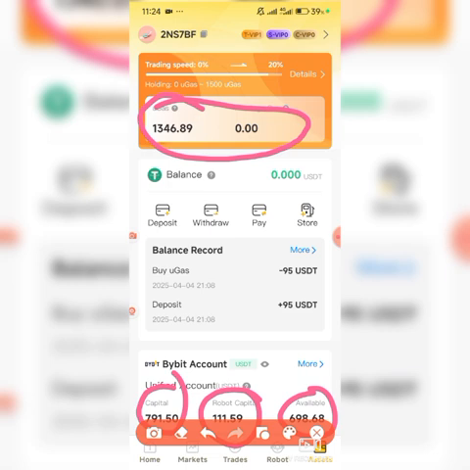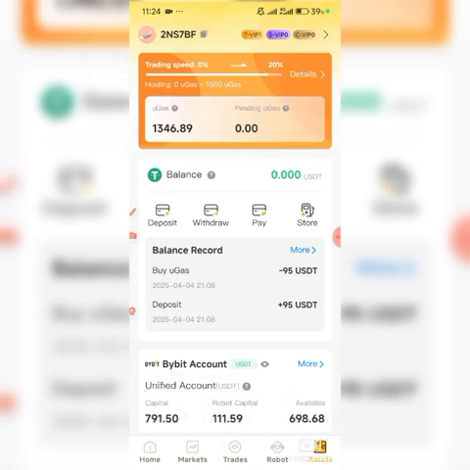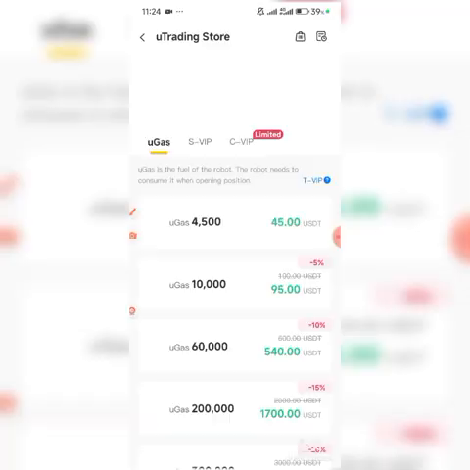You understand? That's the reason I actually leave it. I was supposed to replenish the gas because I already made the amounts back. The amount you're going to buy is 95 USDT. That's the amount of the U gas. I go to the store now here.